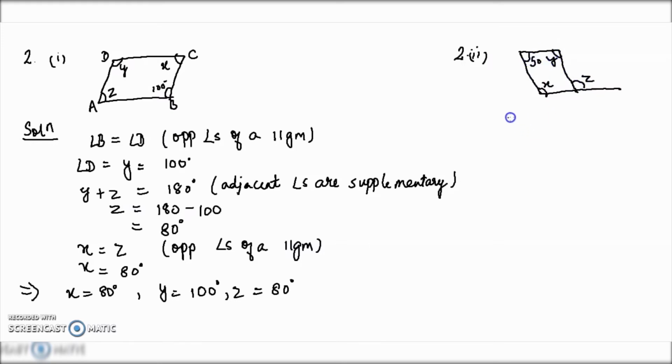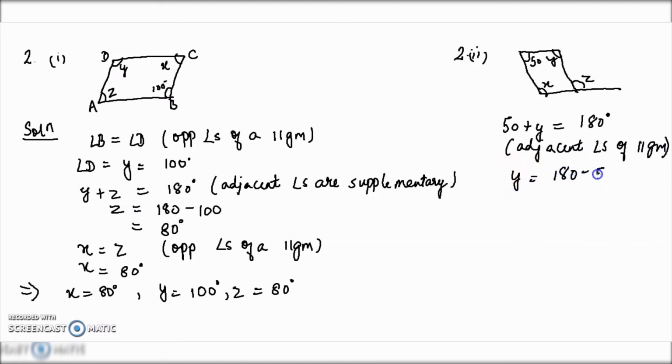So 50 plus Y should be 180 degrees, as they are adjacent angles of a parallelogram. So Y must be equal to 180 minus 50, which is equal to 130 degrees.